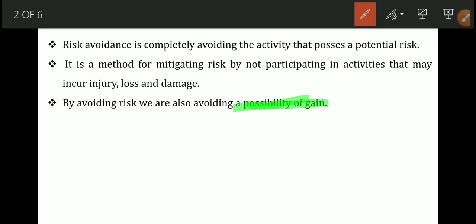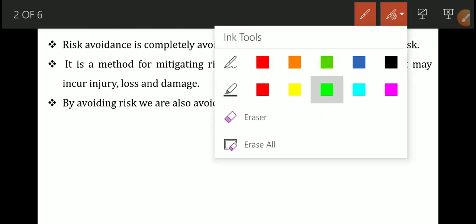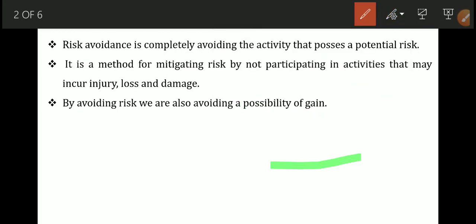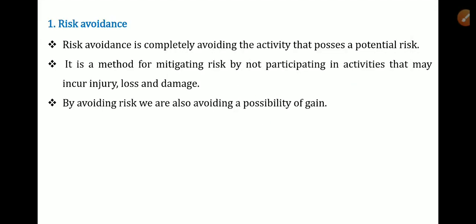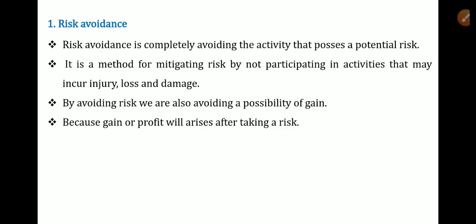So if you avoid that risk, it is nothing but you are avoiding the profit which would happen in that. Because gain or profit will arise after taking a risk. I already explained, gain or any income or any profit will arise only if you take a risk. If you don't take risk, definitely no profit. Okay, so that is the case.